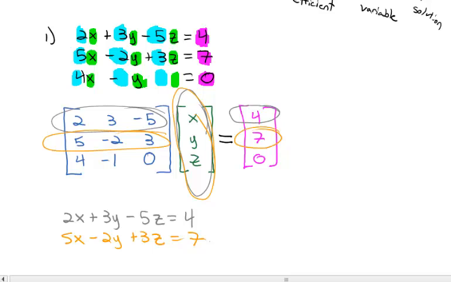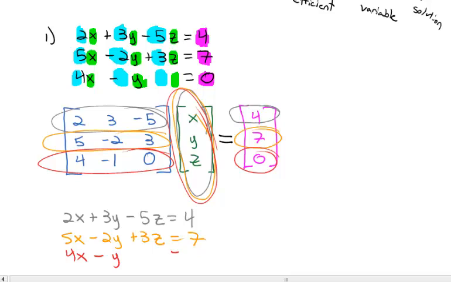That's the second equation. And finally, if I multiply the third row times the first column, it'll give me the third row, first column. 4x minus 1y plus 0z, that's just 0, equals 0. And notice that gives me back the original system of equations.